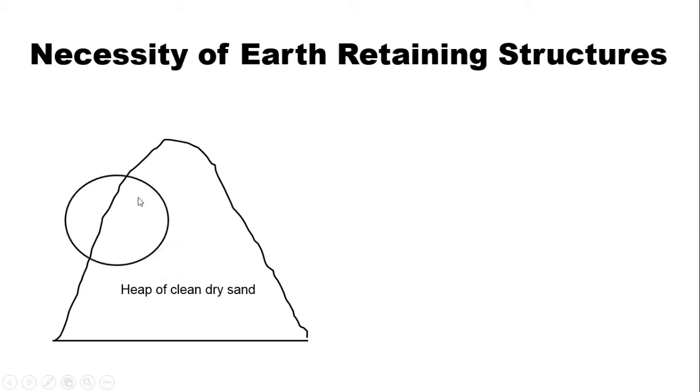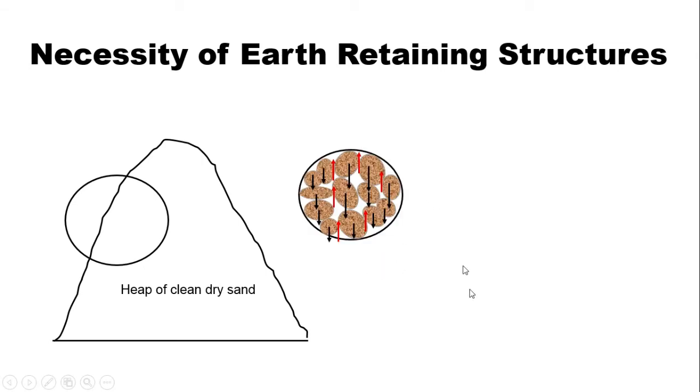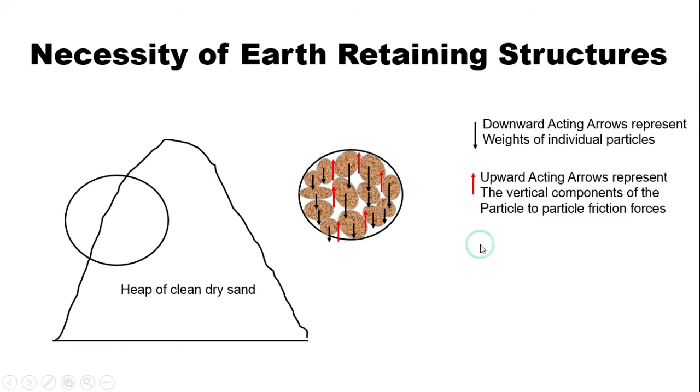If we magnify a certain region of the slope and see what is happening within the particles of sand, we can see that every individual particle has its own weight acting in the downward direction, and there is a frictional force acting in the upward direction.